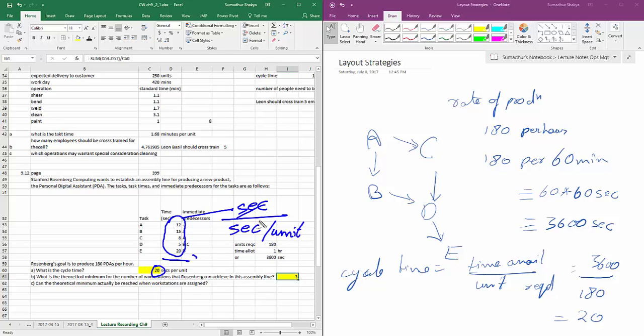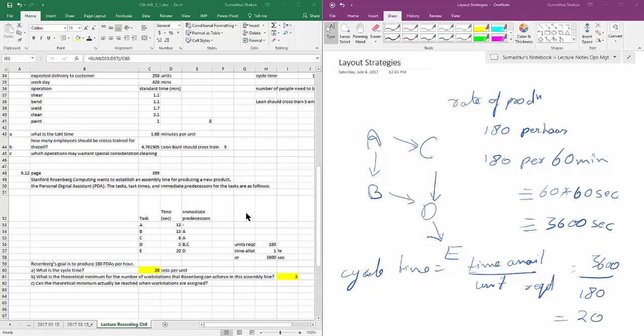When you do that, the seconds get cancelled out, this goes on the top, and that is why this is feasible. So now we know that we need at least 3 workstations working simultaneously for us to achieve the production rate of 180 units per hour.